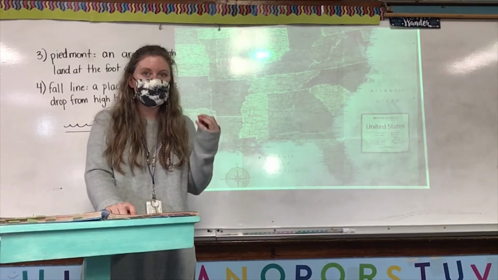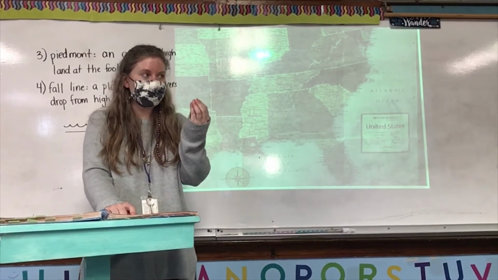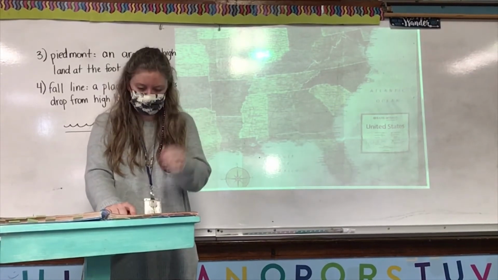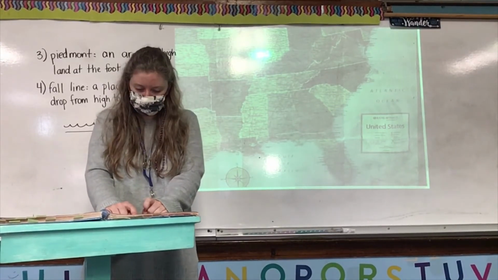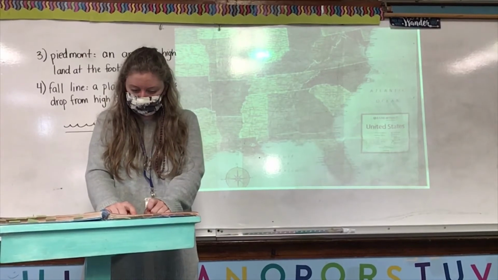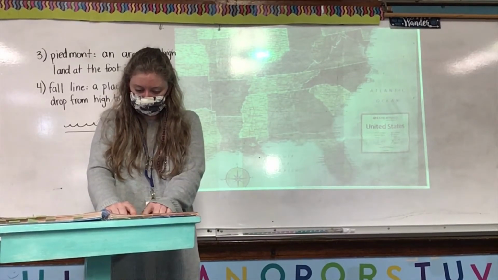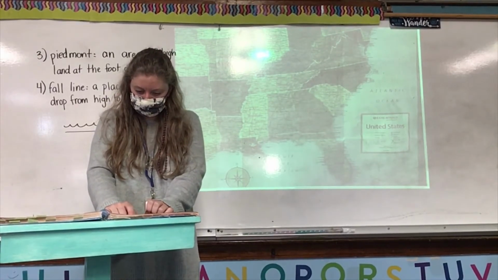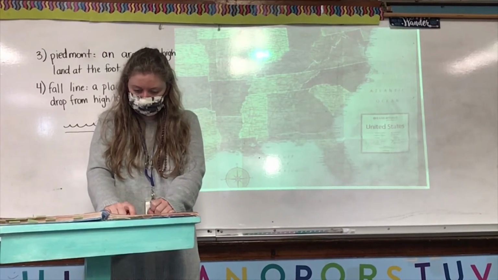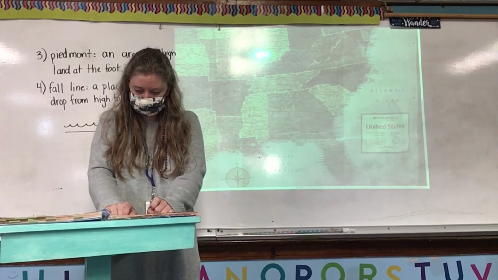It's like a wet soil with lots of nutrients, and it's almost clay-like. Keep going. Okay, as a result, the Mississippi River Valley is an important farming region.